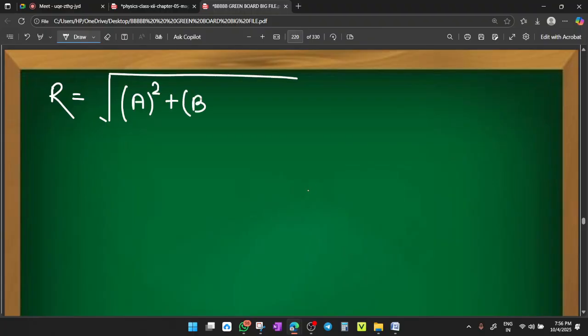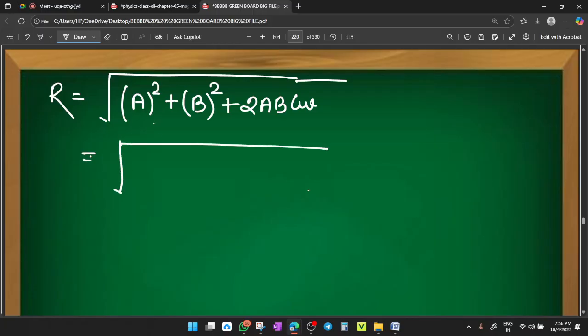So now the resultant magnetic moment R equals under root A square plus B square plus 2AB cos theta. Here the magnitude of the first magnetic moment equals m by 3. The second magnetic moment again equals m by 3.